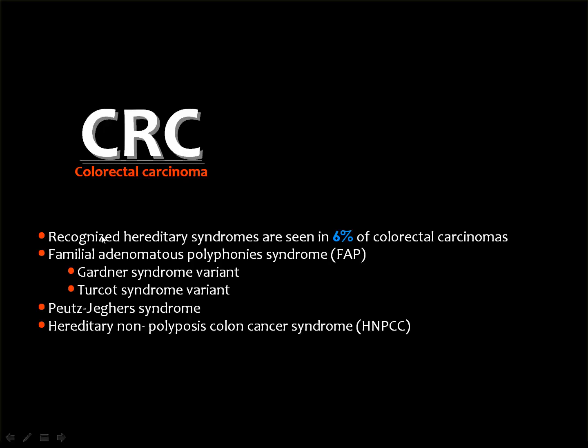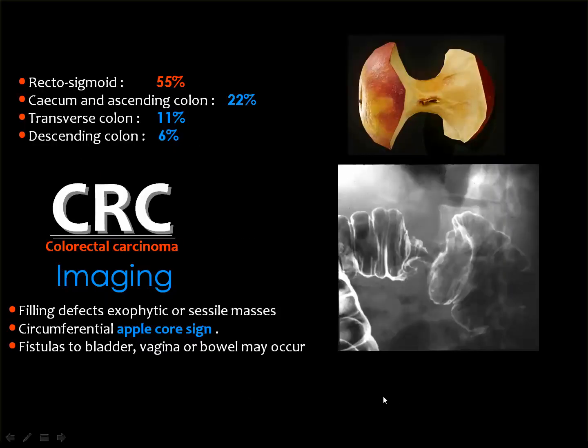Hereditary syndromes are recognized in 6% of colorectal cancer, like the adenomatous familial polyposis, the familial polyposis of the colon, Gardner syndrome, Turcot syndrome, Budd-Sugar, and the hereditary non-polyposis colon cancer syndrome.